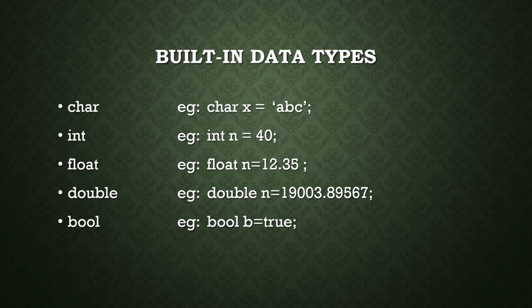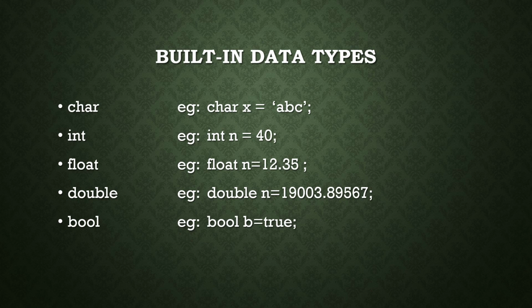So for storing any integer value without a decimal point, we have to take the data type as int. Understood? The memory size for int data type is 2 bytes or 4 bytes. The range is very long, so I will not state the range.